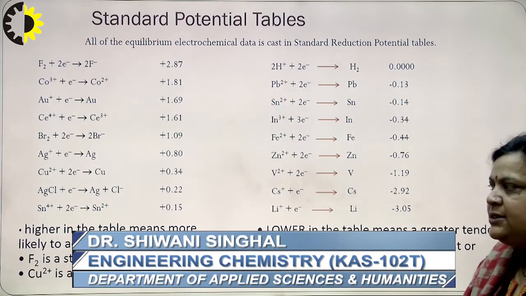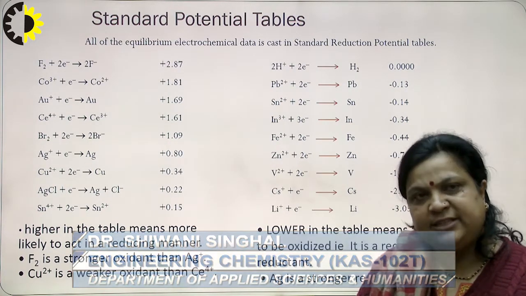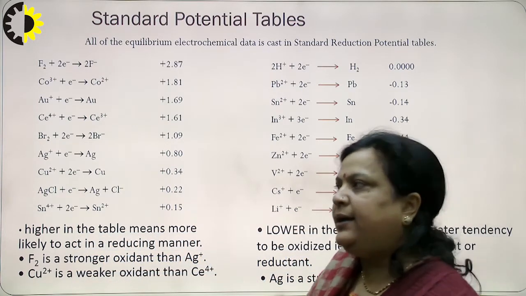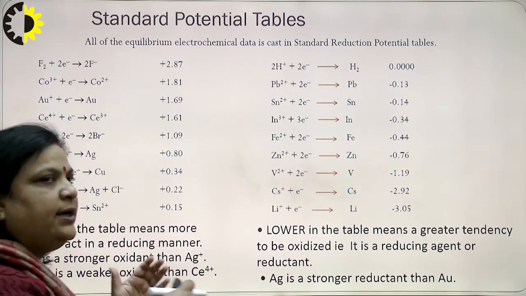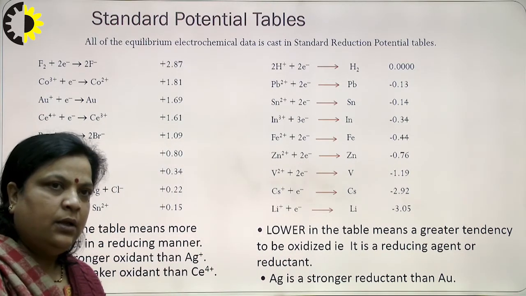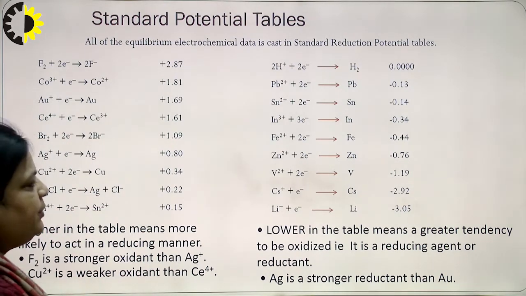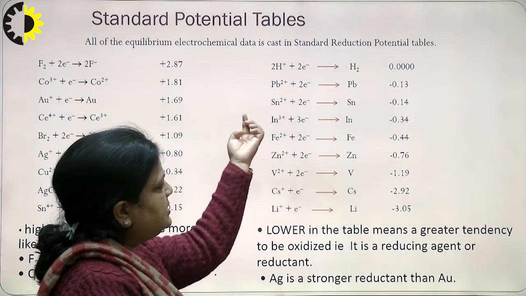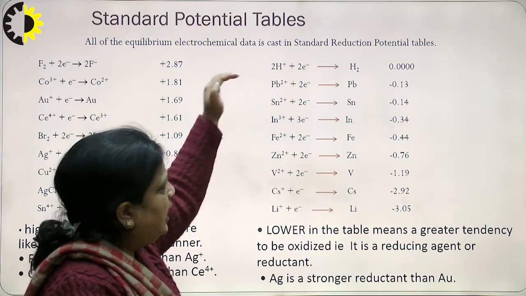So, in the previous lecture I discussed that the metal which has more reduction potential will act as a cathode, that is, its reducing tendency will be more. Here, if we take the standard reduction potential from lithium, cesium and so on, this is the increasing order of reduction potential up to hydrogen.